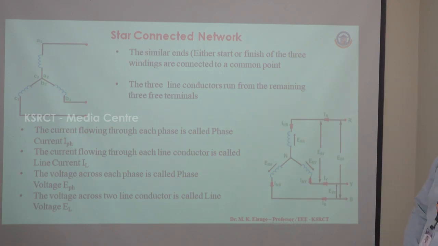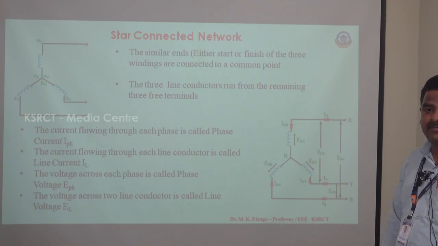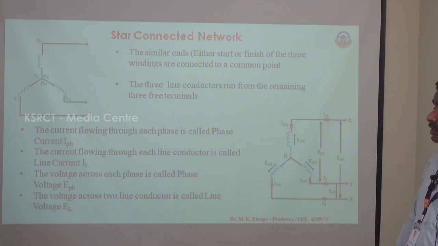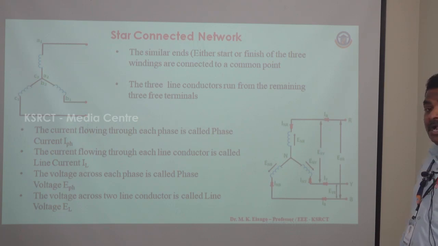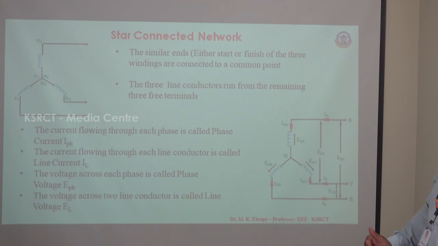You may ask, what is line current and what is phase current? What is the difference between these two? The current flowing through each phase, that is, from phase to neutral, is called the phase current. Line current means the current flowing through each line conductor, like R phase, Y phase and B phase.